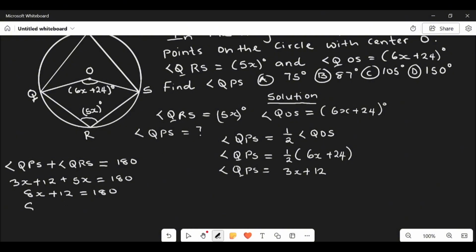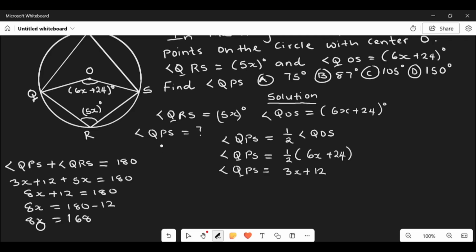So 8x equal to 180 minus 12, which will give us 168.